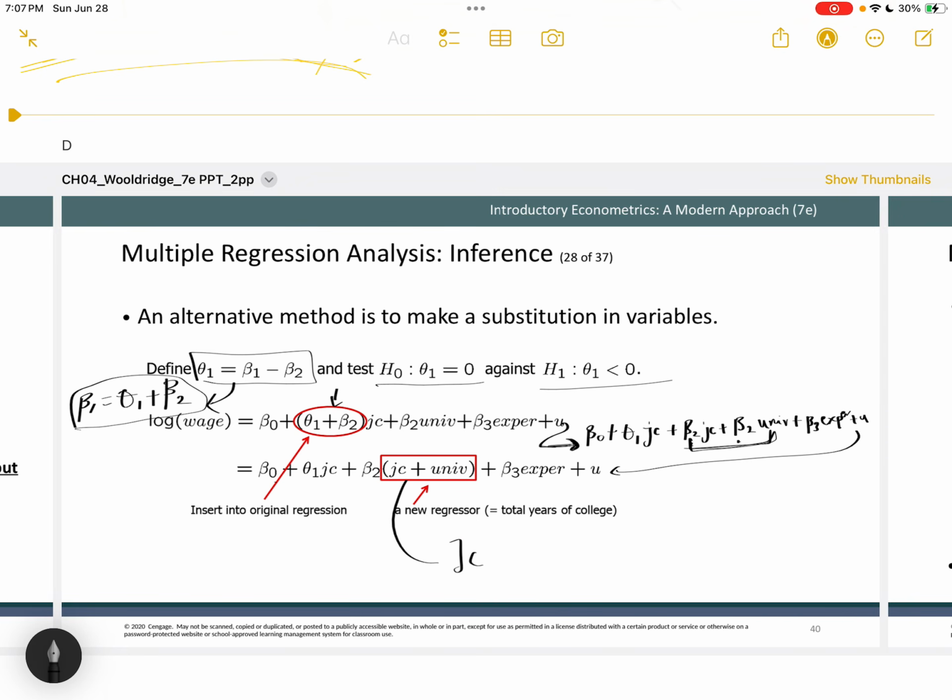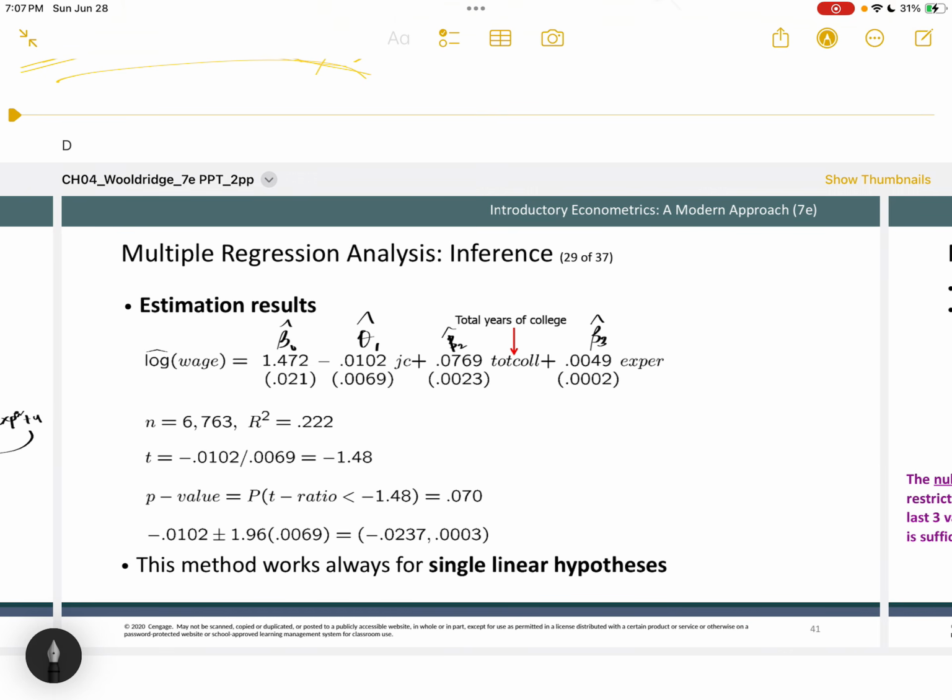So now, in your statistical software, you're going to create a new variable, which is JC plus university, so that you regress log wage on JC, the new variable JC plus university, and experience.